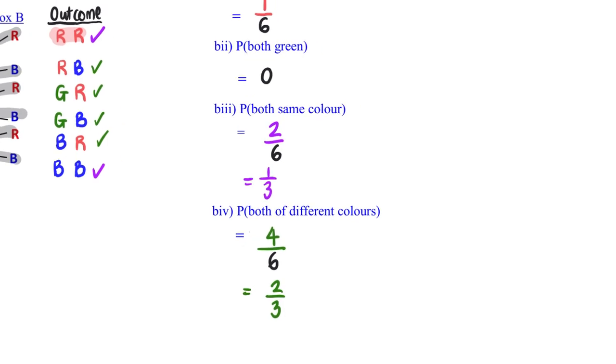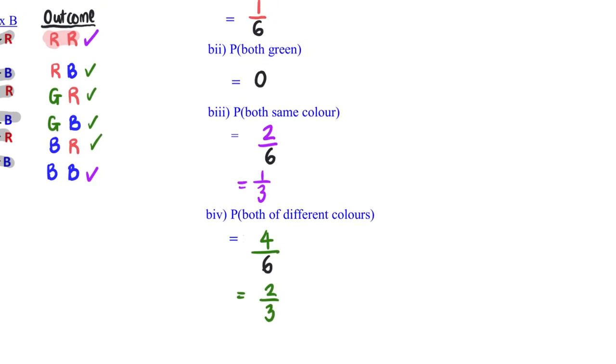Or, do take note, same colors and different colors in this case are complementary events, which means that there is a second method which I wish to share with you. The second method is simply 1 minus the probability that both are the same color.